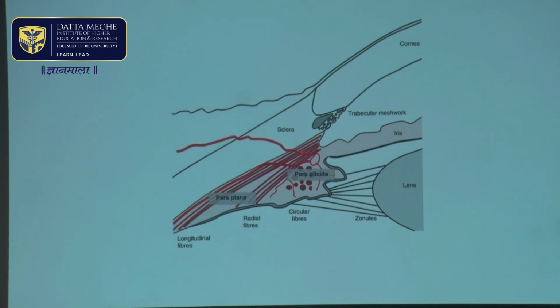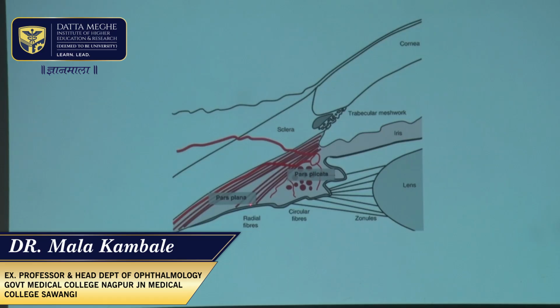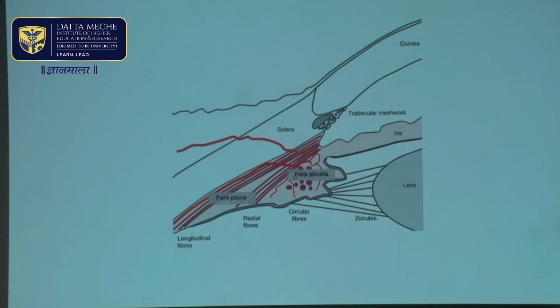All these fibers originate from the scleral spur and have different insertions. This is inserted into the choroid. This second layer is inserted into the connective tissue at the base of the ciliary process, and the third is inserted into the zonular fibers.